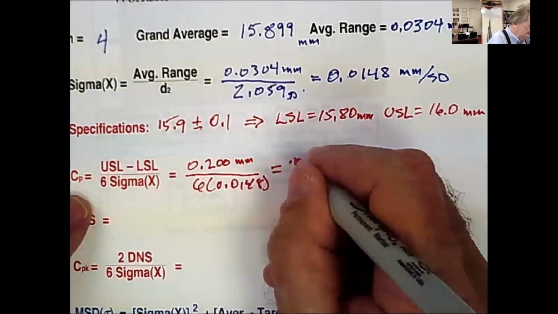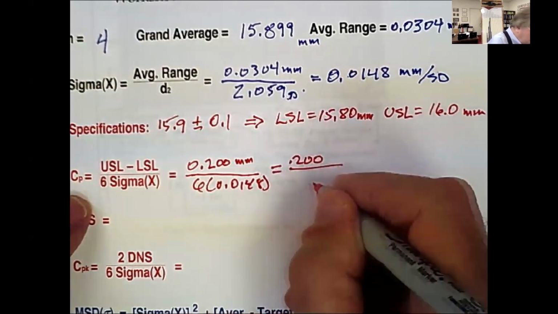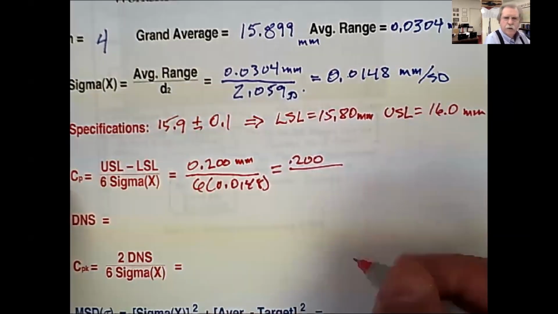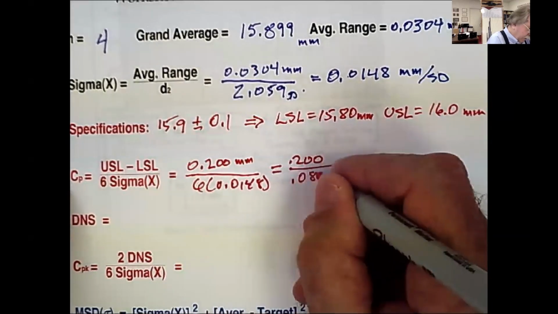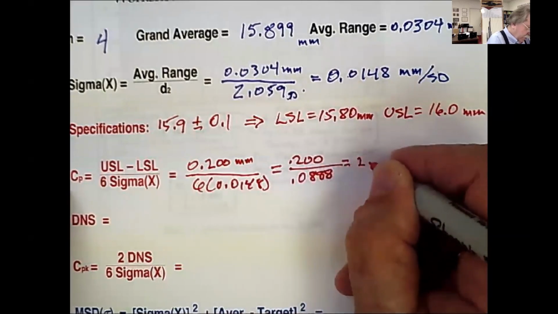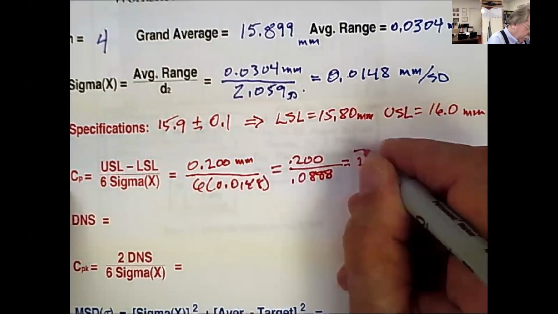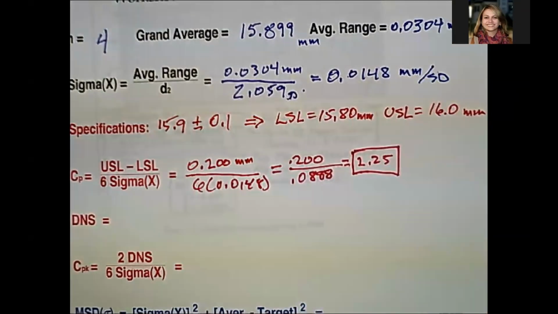That's 0.2 over 0.0888 is 2.25. Good enough?